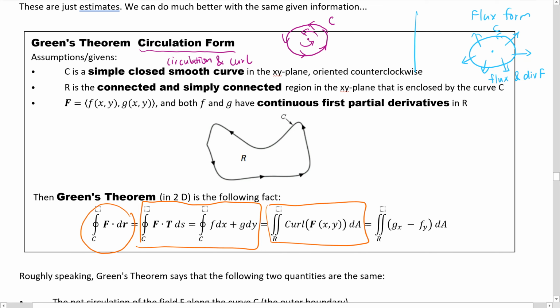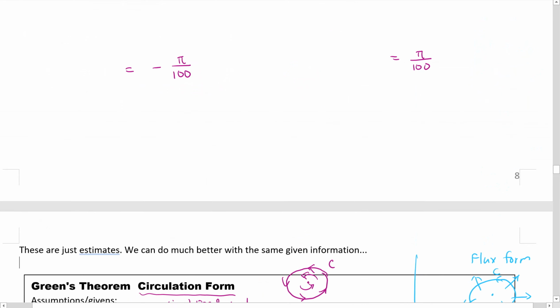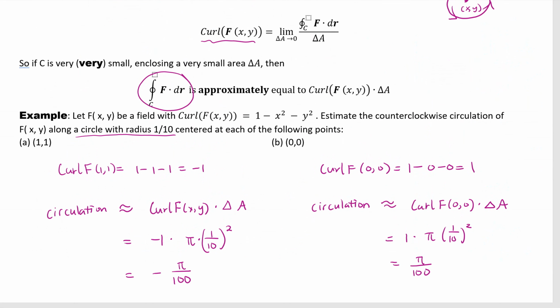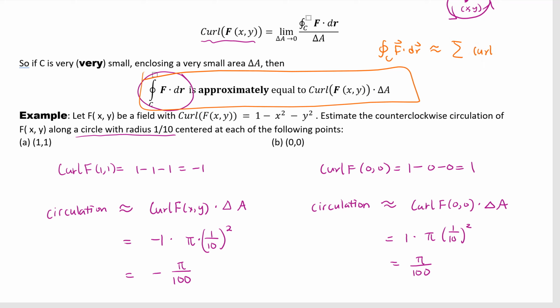And how do we get that? Well, it is from this, right? Because the circulation on C is approximated by the sum of the curl of F times the change of A. Well, this sum is actually the double integral of the curl of F, and this is the area differential.